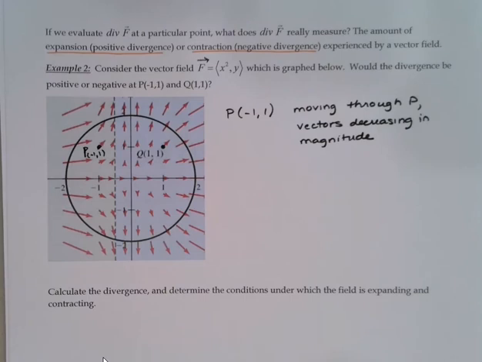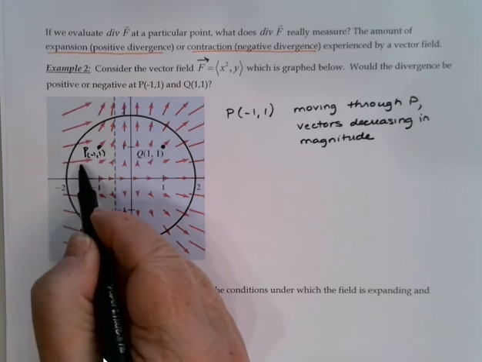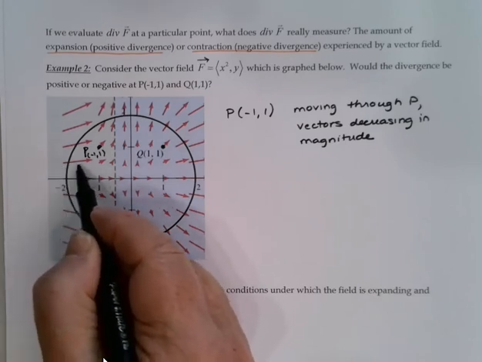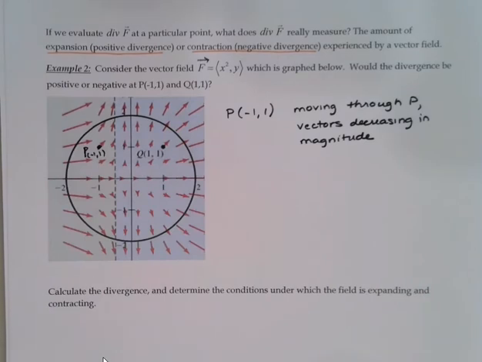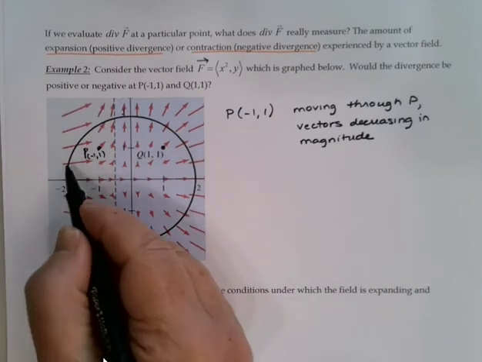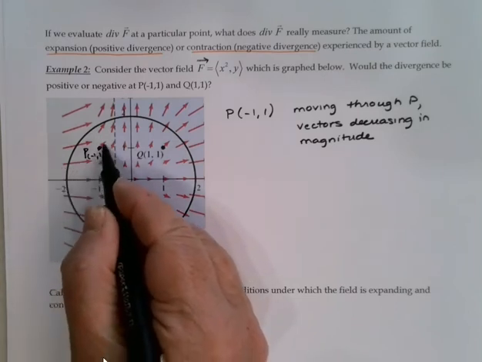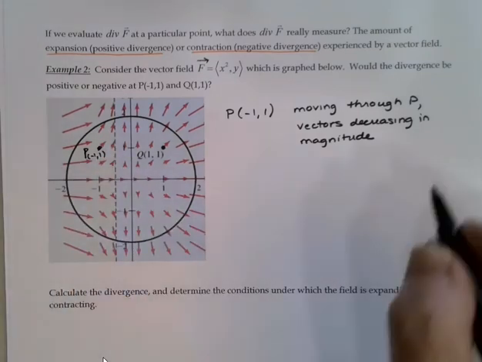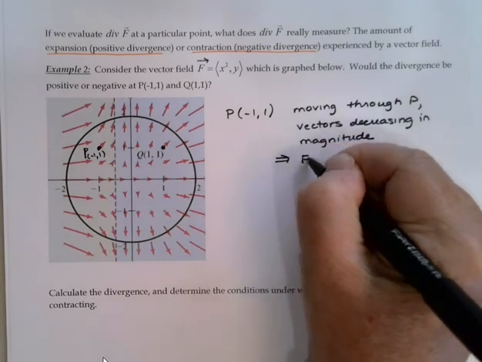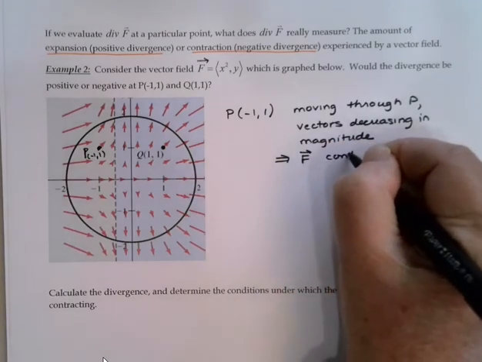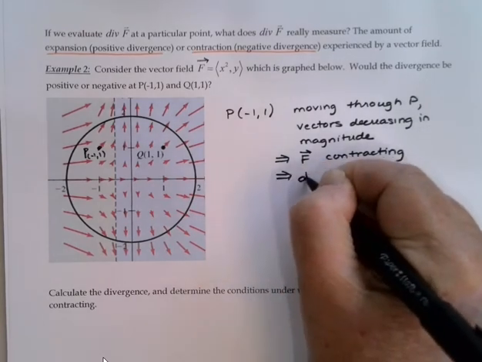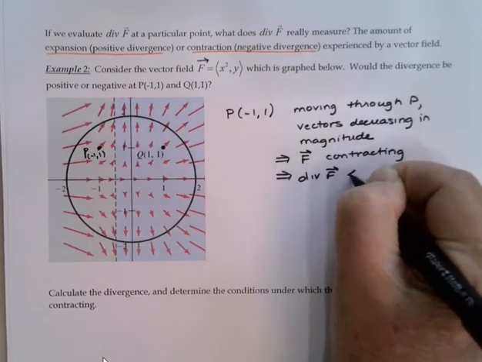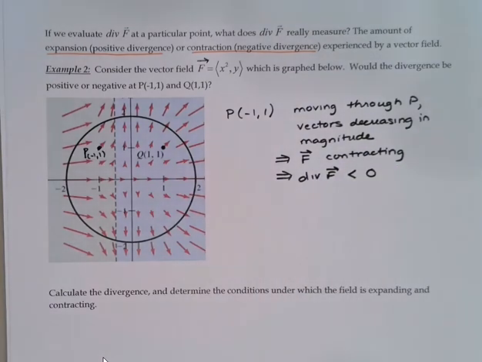We think of that as the vector field contracting. Again, if this was a velocity field, you might have your water moving fast here, slower there, and even slower over here. If this field represents gravitational pull, there's a strong gravitational pull here, less here, and even less there. So f is contracting, meaning the divergence of f is negative at the point P.